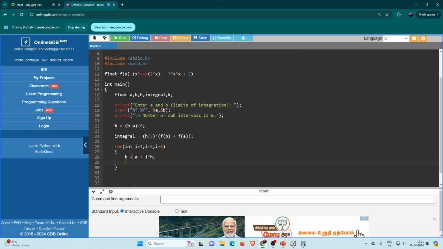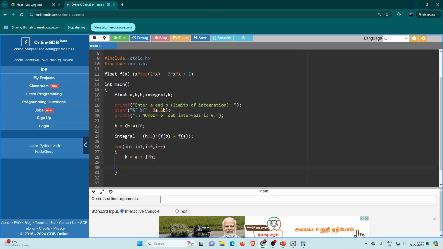So for what value I need to calculate f of x, right? So a plus 6 into h will be b. So I am not reaching b, I am stopping myself at this thing, yes or no?